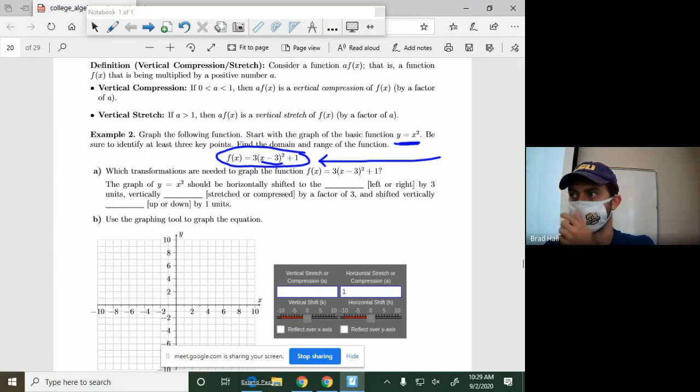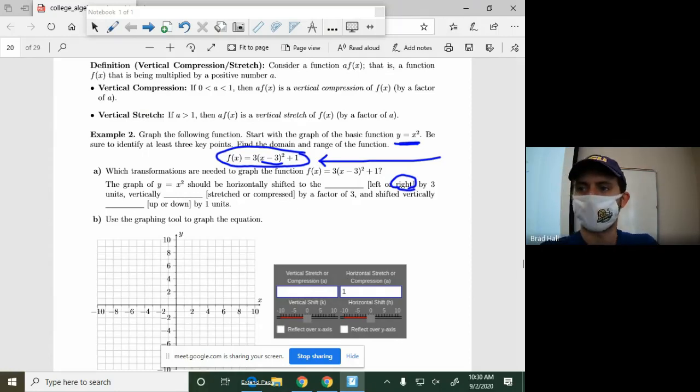So x minus 3 would give us that idea. So if anything, it's x minus 3. So that tells us the idea of left or right. Since it's minus 3, it means this is going to be to the right 3. So to the right by 3 units, as it goes on to say.